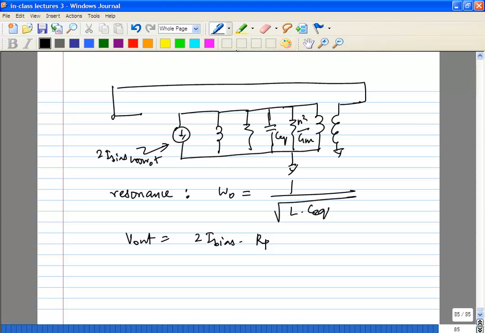And the gate source is V naught cos omega naught t. So the actual signal current there is 2 IBIAS cos omega naught t. So what is the output amplitude? It's the fundamental peak component, 2 IBIAS times RP in parallel with n squared over GM. Is that clear?